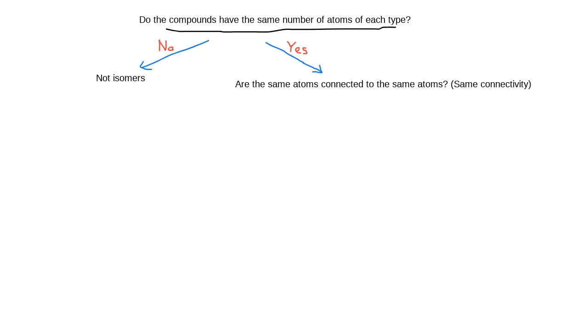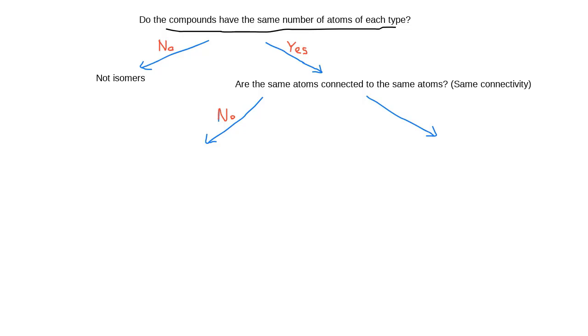And if the answer is yes, then we have more questions. If the answer is no, then that means we have structural isomers. We don't have the same connectivity if the same atoms are not connected to the same atoms.